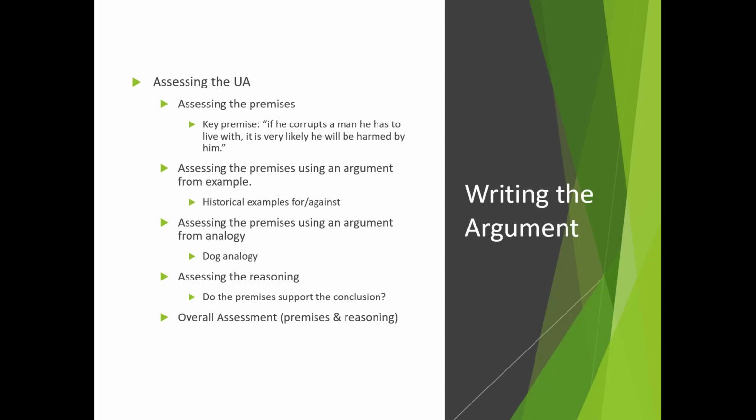Now, if you think that Socrates is wrong, you want to find historical examples that go the opposite, of people who corrupted their followers, and their followers, the people they influenced, didn't turn against them. Now, you can also use arguments by example that involve fictional cases, movies, stories, etc. That would be more of what in the philosophy business we call an argument by intuition, or appeal to intuition.